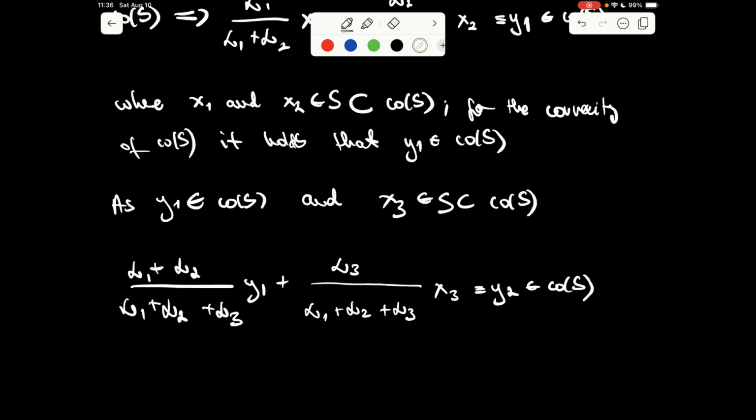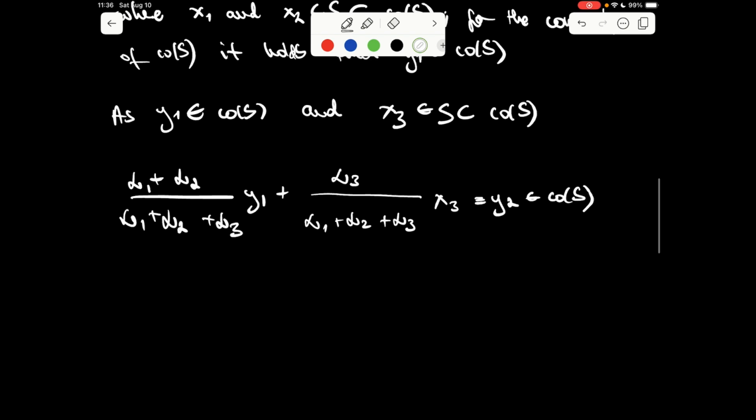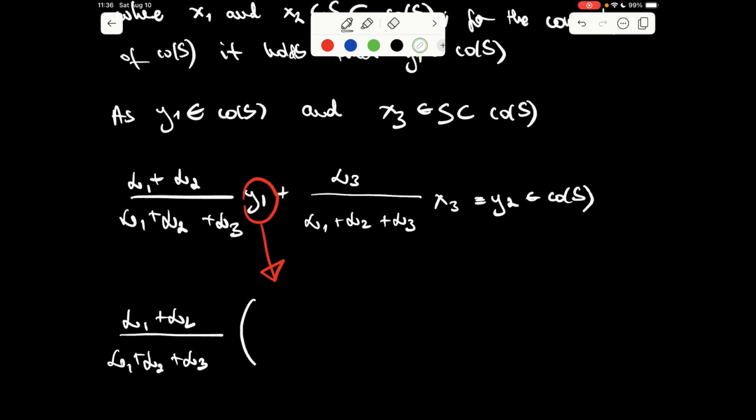So y2 is another convex combination. But we must realize that we can expand this part of this expression. So we can say that y1 can be described as another convex combination.